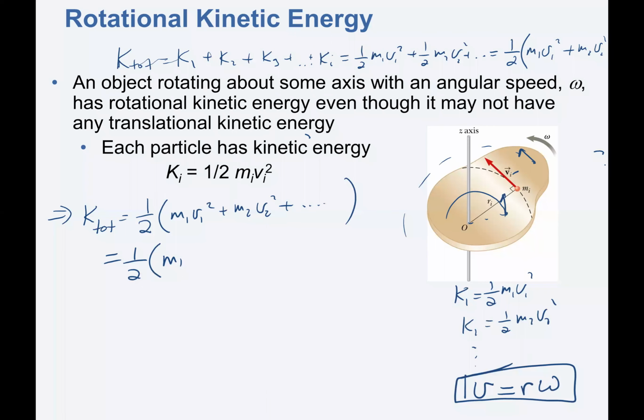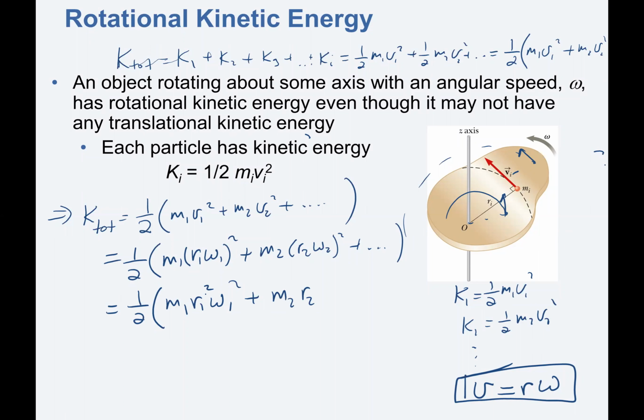So v1 equals r1, the position of particle 1, times its angular speed omega 1, squared, plus m2, and v2 squared I'm replacing with r2 omega 2 squared, plus. So what do we get here? We get 1/2 times m1 r1 squared omega 1 squared plus m2 r2 squared omega 2 squared, and r is also squared.